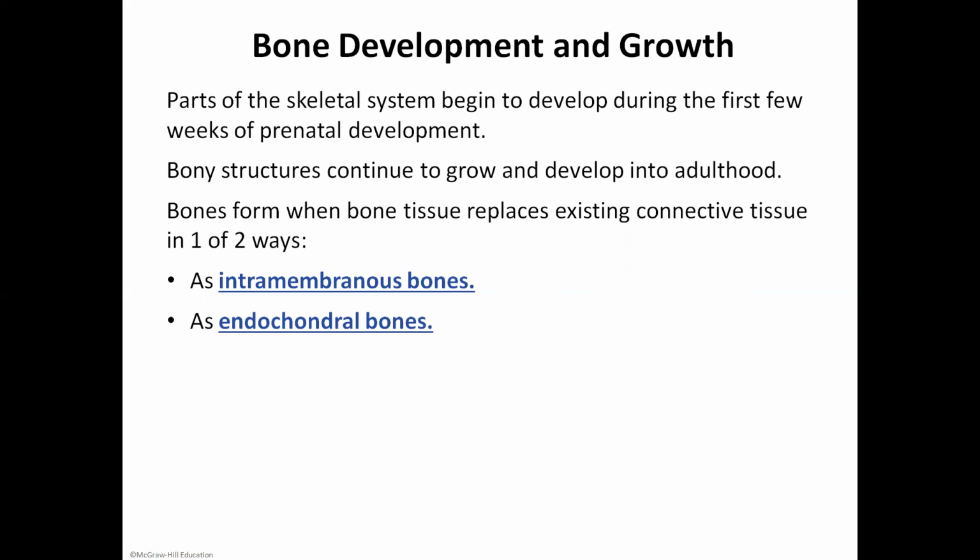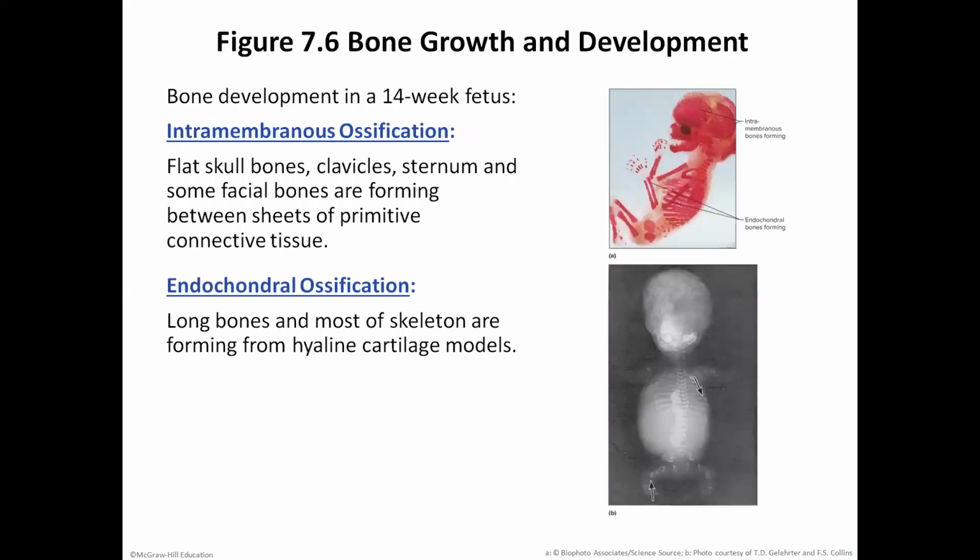When we think of intramembranous bones, usually these are the bones of the skull. We have a couple facial bones that we look at as well as the sternum too. So they are more of those flat bones. Versus endochondral bones tend to be the bones of your extremities that are going to undergo this transformation. So they're originally starting off as some other connective tissue, and then they move their way to being replaced by bone. So let's talk about those two different mechanisms.